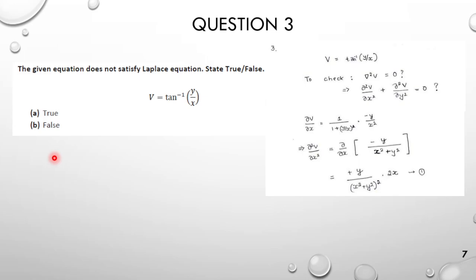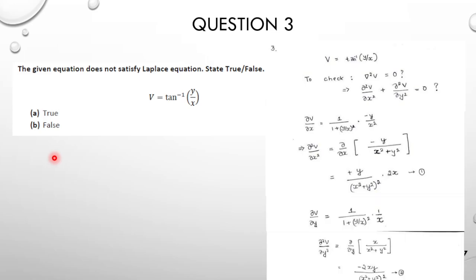Some of you have written minus 2xy divided by x square plus y square the whole square. So you might land up with this particular equation, that del square v by del y square is equal to minus 2xy divided by x square plus y square the whole square, which is exactly of the same magnitude but of the opposite sign of del square v by del x square.